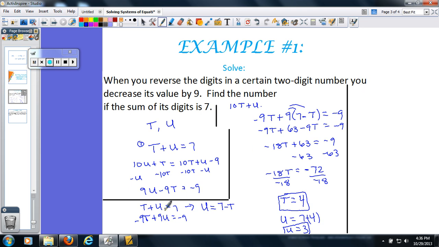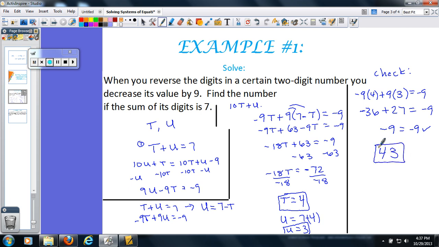I just used this equation, so now I'm going to use the next one. That is negative 9 times 4 plus 9 times 3 equals negative 9. This is negative 36 plus 27, and that's going to equal negative 9. You get negative 9 equals negative 9, so it checks. So my answer then is 43.